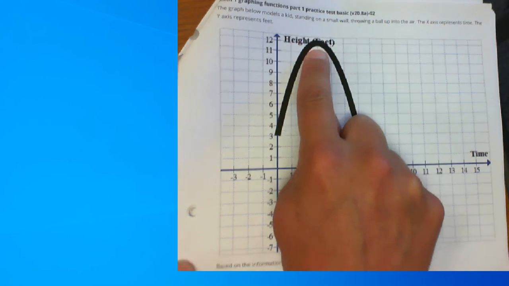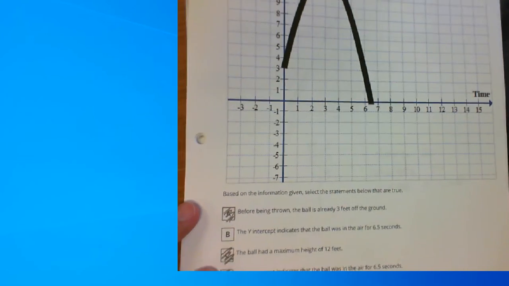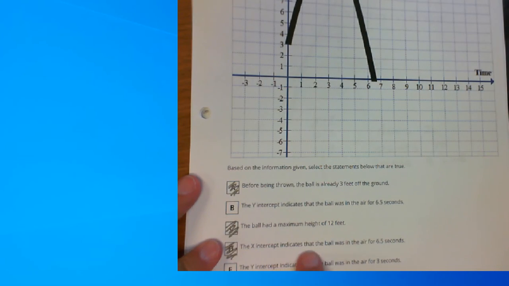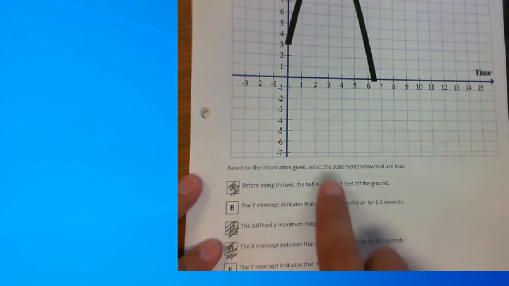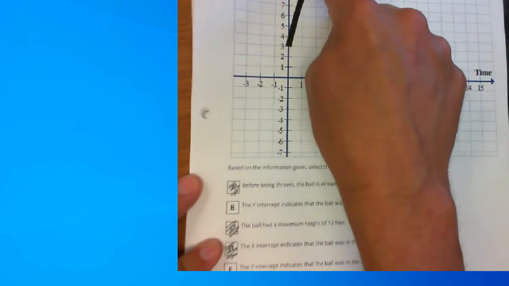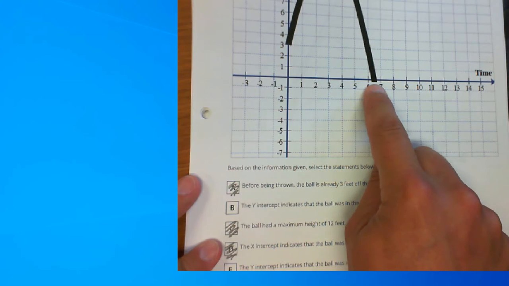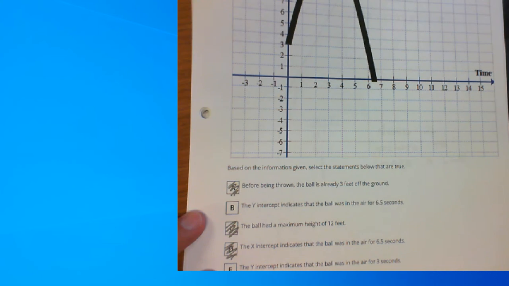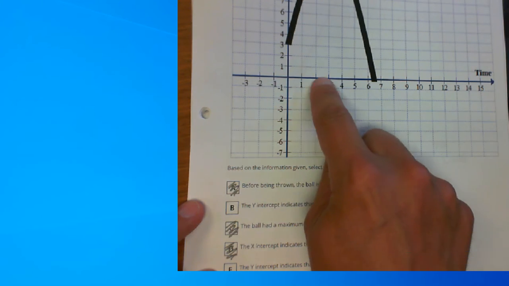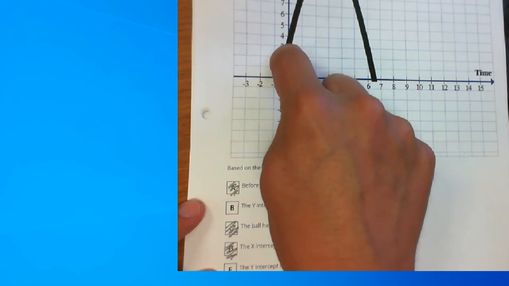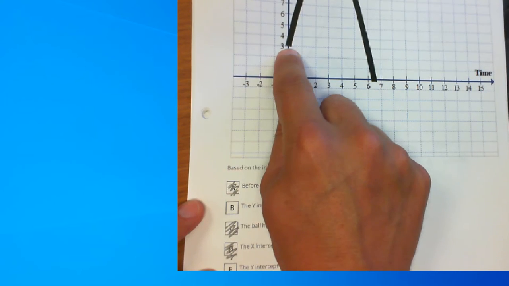Yep, that's correct. The x-intercept indicates that the ball was in the air for 6.5 seconds. Yep, up in the air, hits the ground, 6.5 seconds. The y-intercept indicates that the ball was in the air for 3 seconds? No, that means it was 3 feet off the ground when it started.